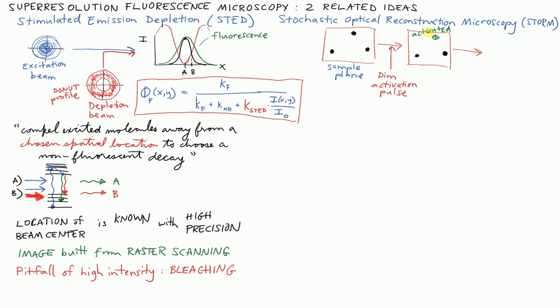So now, if we come along sequentially with an excitation beam, and we look at what's happening in the sample plane after that, we now have two locations of the two quiet molecules where we get no light at all. I'll mark those with X's. But then at the center, centered on the activated molecule, I'm going to get lots of emitted light.